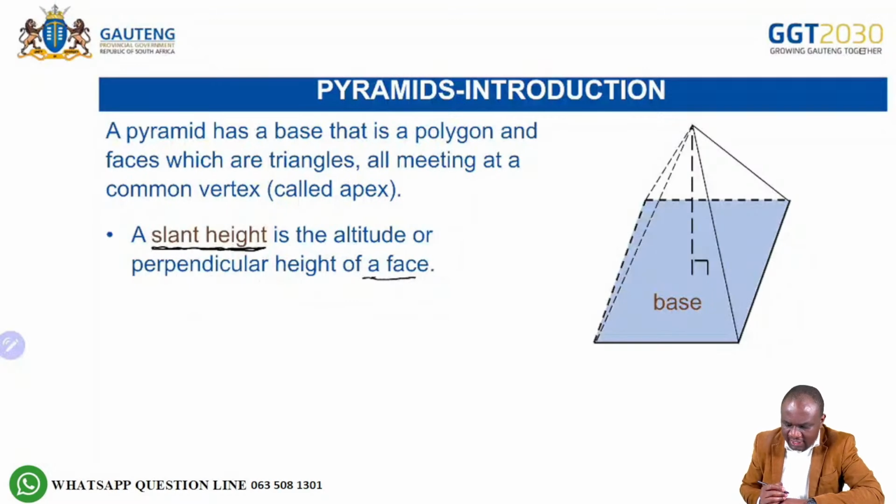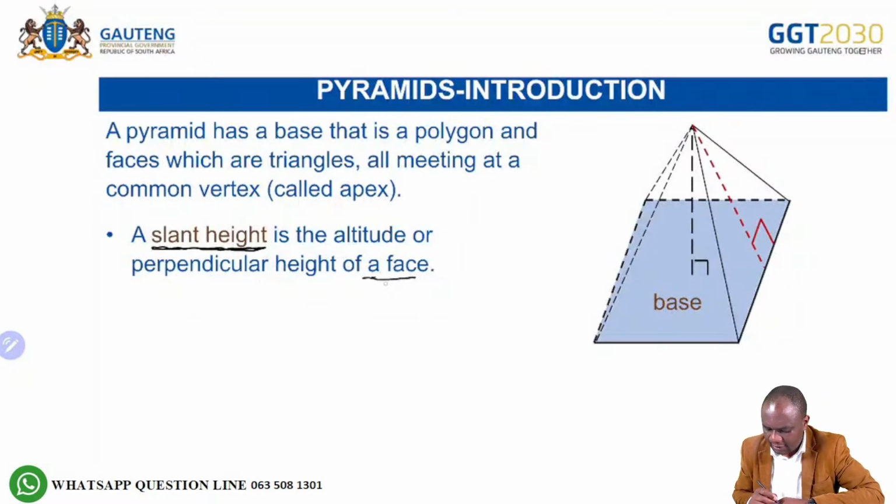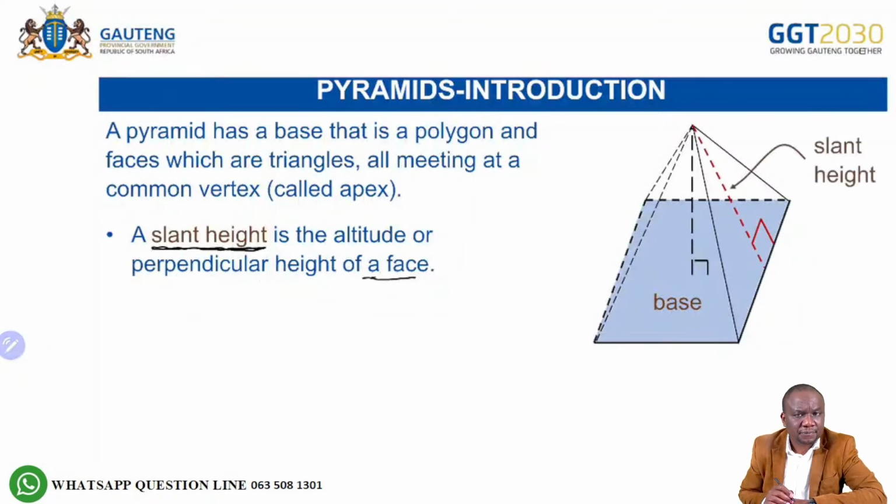So the slant height is this one, which is the altitude or perpendicular height of the triangular surface. Face or surface is still the same thing. Right, this is the slant height. That's what a pyramid is. And I've used here a rectangular pyramid to explain what a pyramid is.